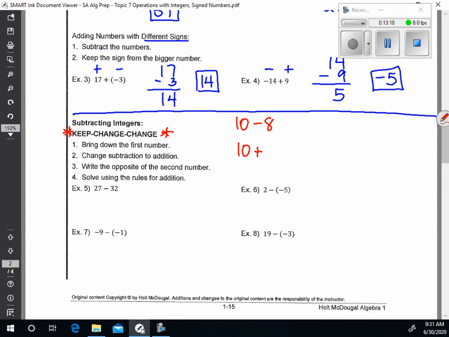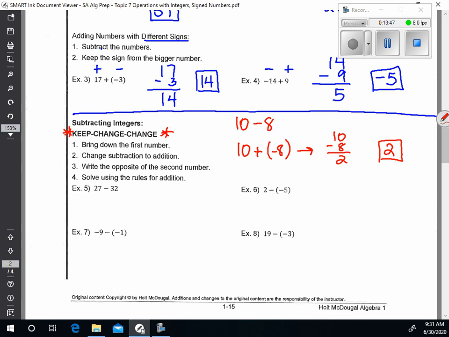So the opposite of positive 8 would be negative 8. Notice that I put the negative in parentheses. Now we follow the rules for addition. So the 10 is positive, the 8 is negative. So you would do 10 minus 8, which is 2. 10 was the bigger number, so your answer would be positive 2.